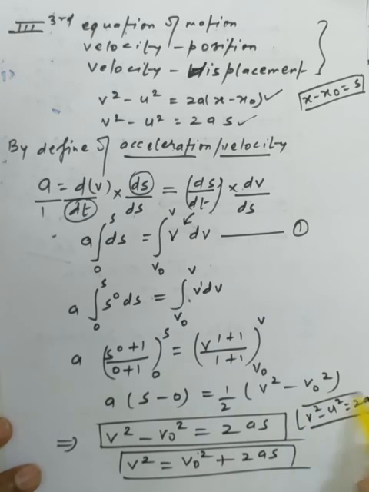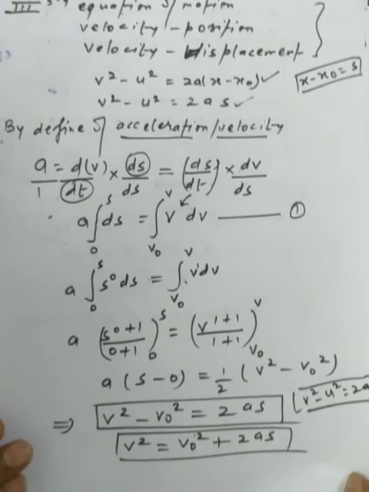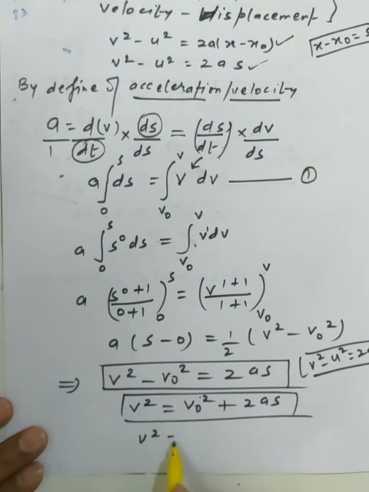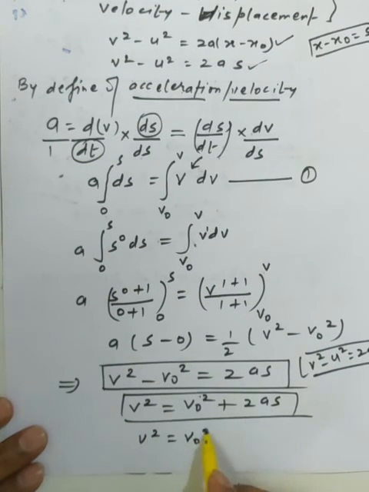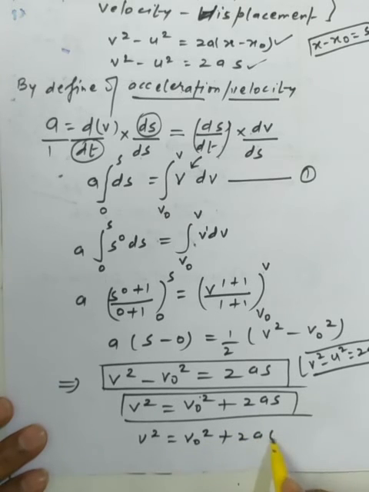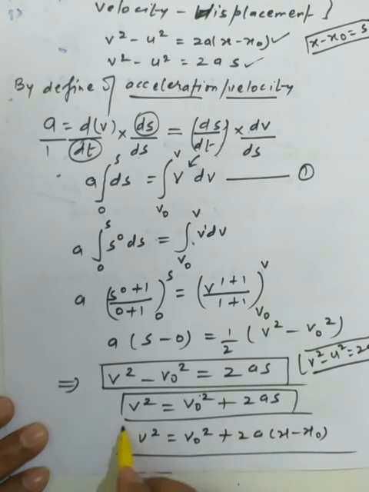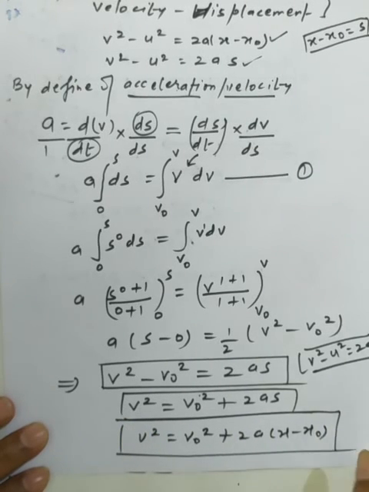These are similar, or you can represent it in terms of position: v square is equal to v naught square plus 2a(x minus x naught). This is another representation of the equation.